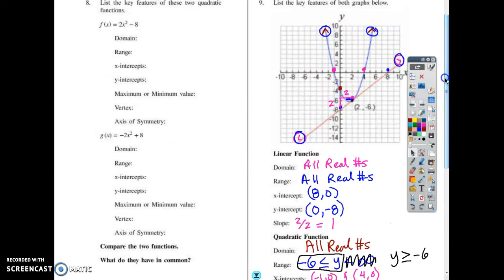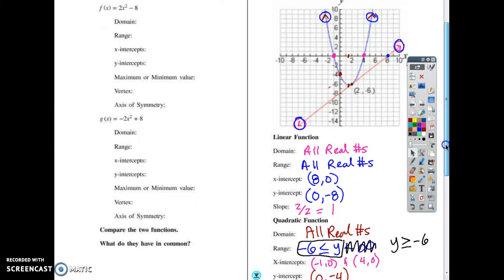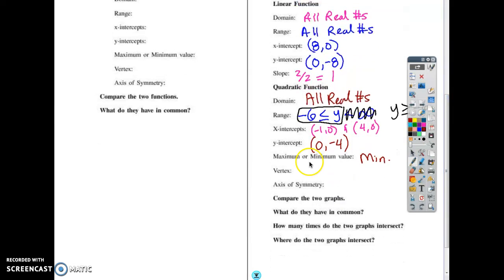Where was that vertex at? Two and negative 6, or let me erase this. It's kind of in between. It's like right here, like 1.5 and negative 6. It's in between 1 and 2, so it's 1.5 and negative 6.